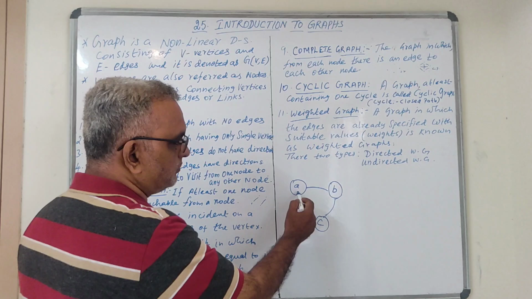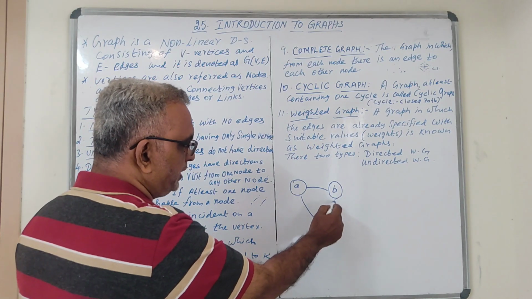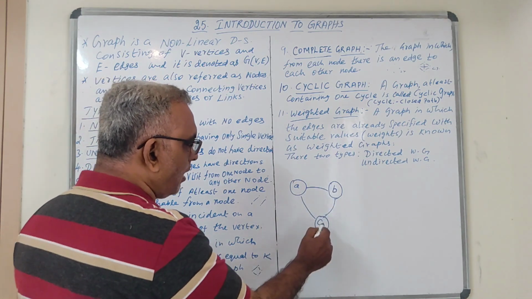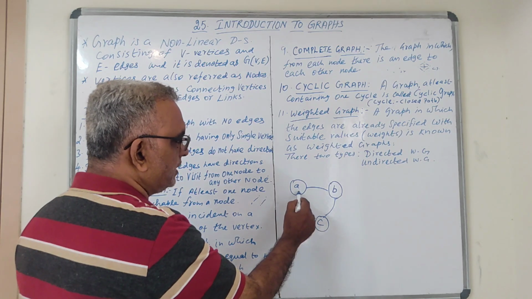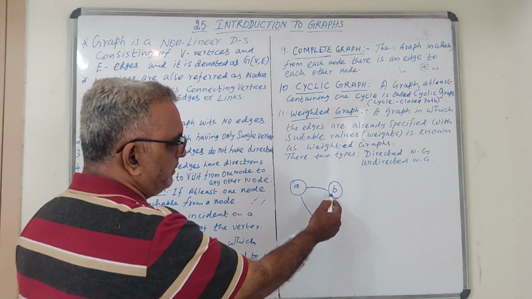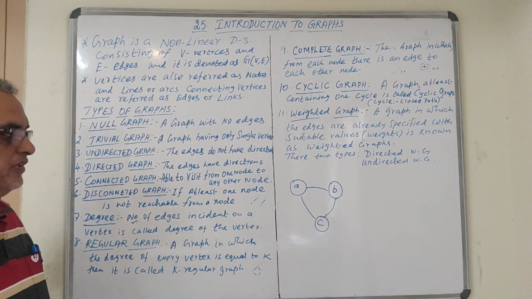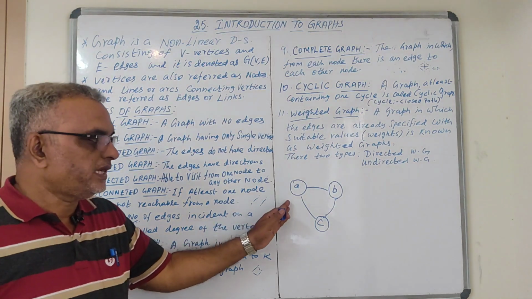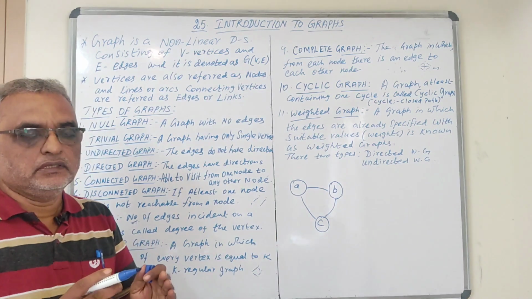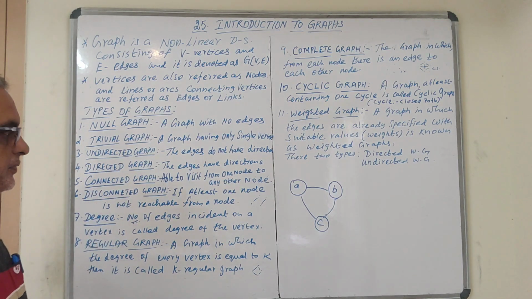It may go from A to B, B to C, C to A, or in any direction, C to B, B to A. So there is no direction on the edges. In this case, the edges are unordered pairs of vertices.